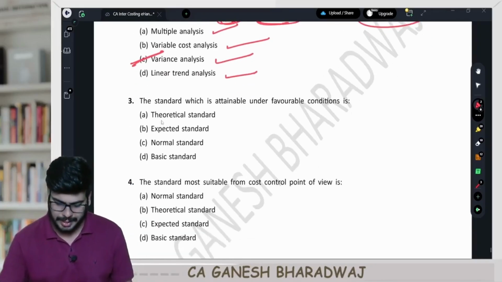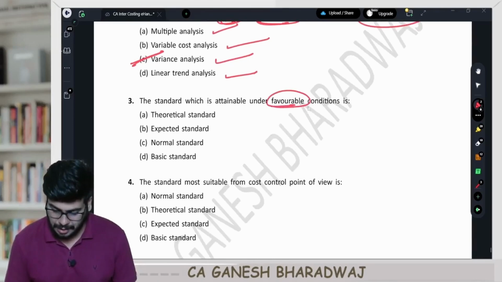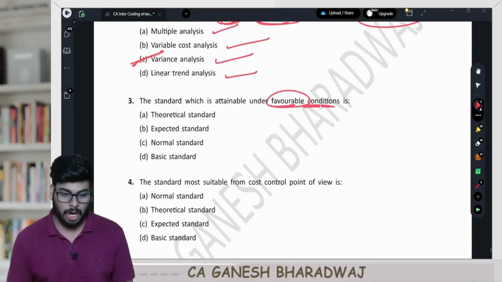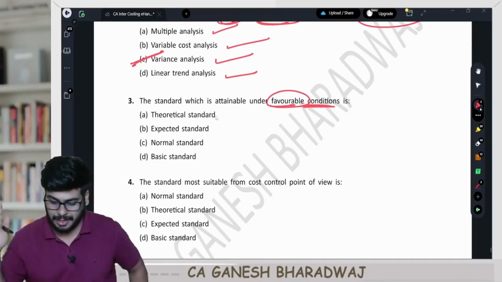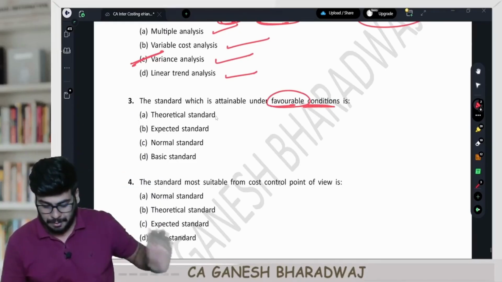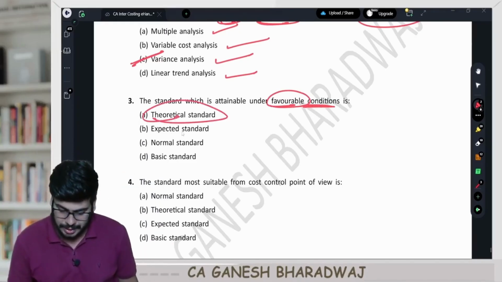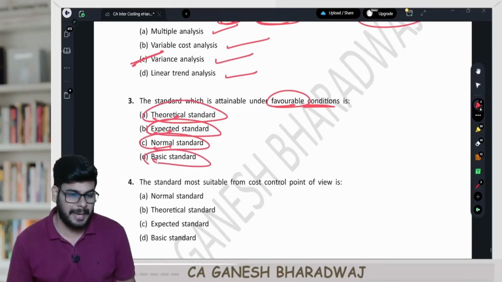Yes? Then next. The standard cost which is attainable under favorable conditions is called what? Theoretical standard, expected standard, normal standard, basic standard.